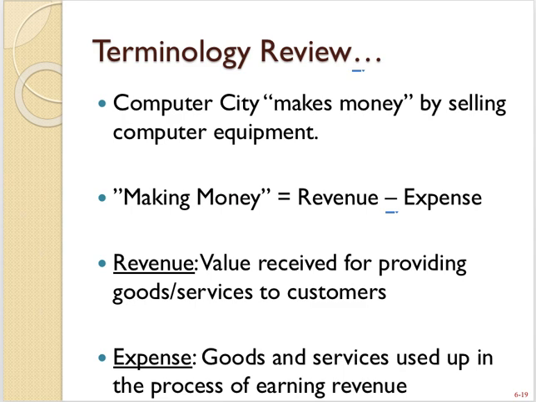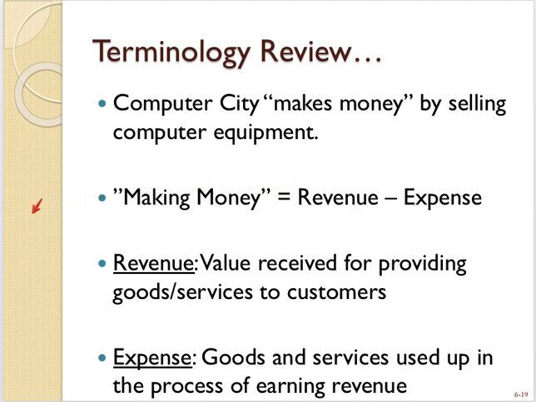Now, real quick, let's do a little review of things that we've already learned and how they apply in this situation. So Computer City makes their money by selling computer equipment. And that term making money is another word for net income or earnings, and the formula for net income or earnings or profit or making money is revenue minus expense.